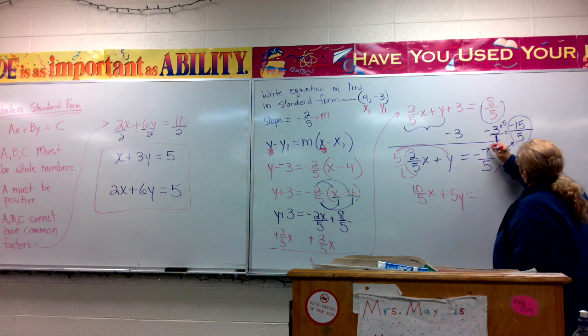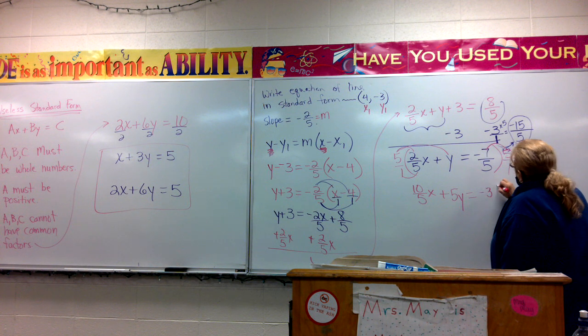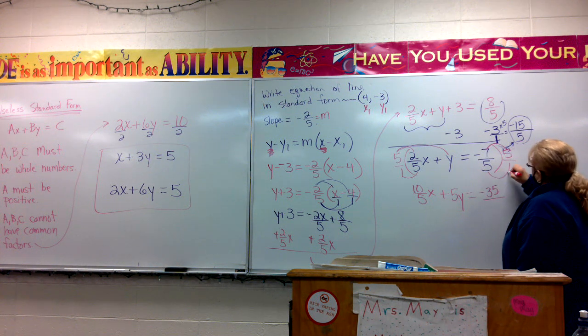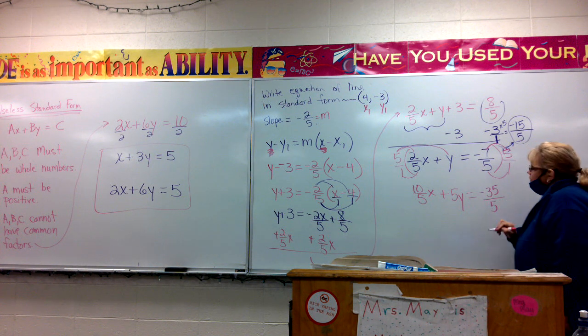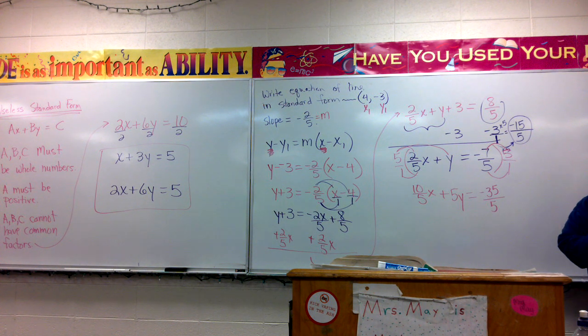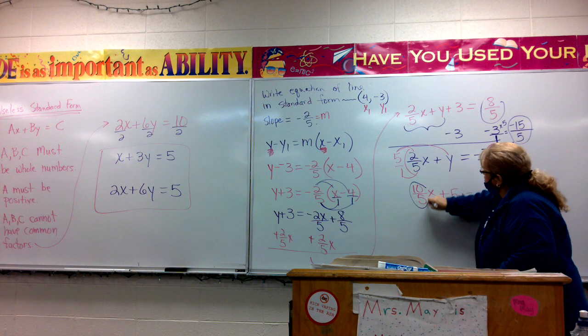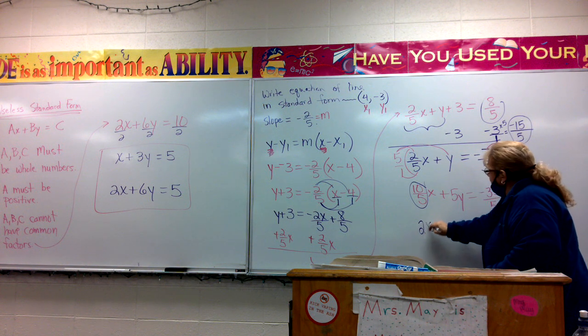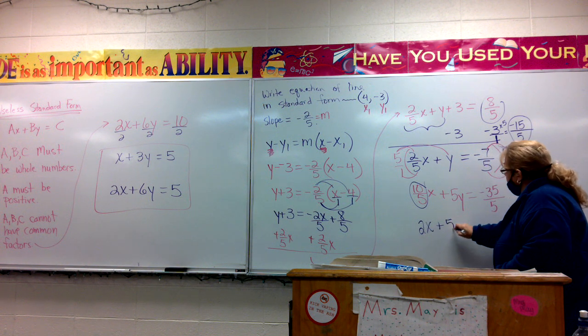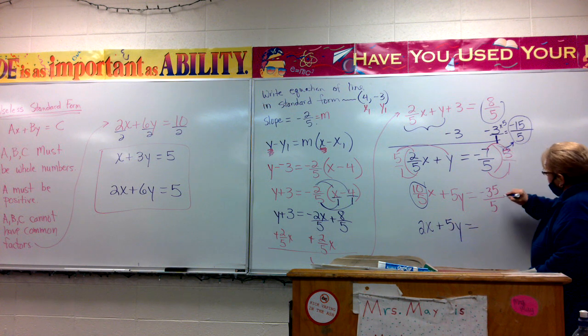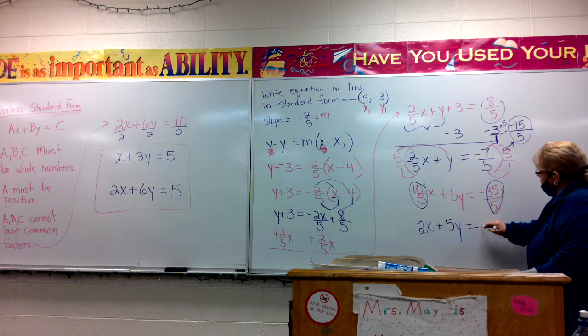Equals negative 35 over 5. And then if you go back and reduce those, what's 10 over 5 right here? 2x, 5y, 35 over 5 is 7.